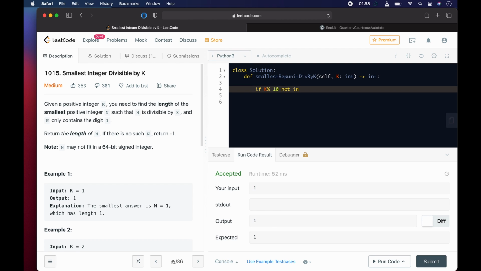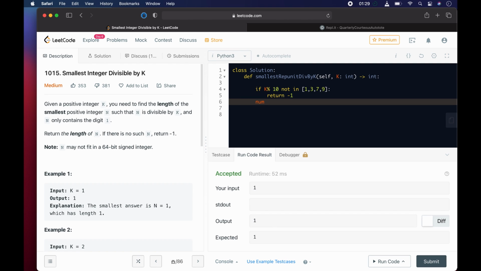If the remainder is not among 1, 3, 7, and 9, we just return -1, like so, right? So that means that there's no possible way we can get the smallest possible integer only containing ones.